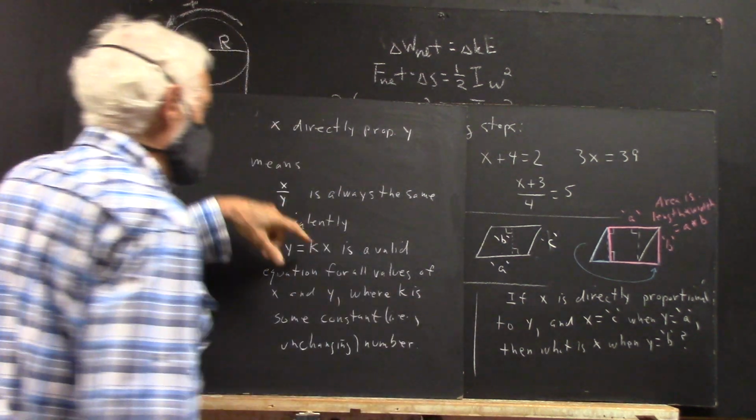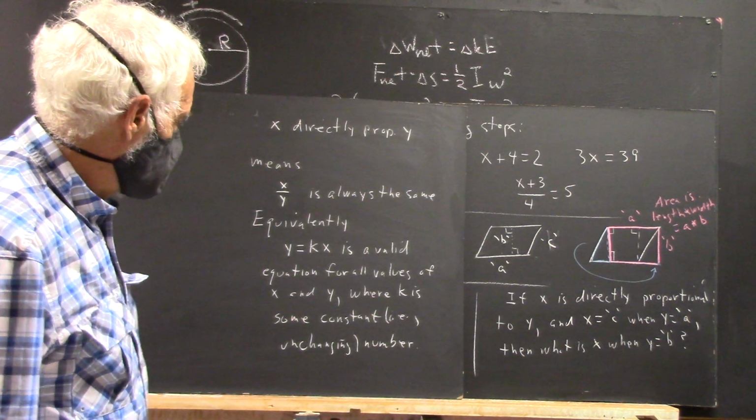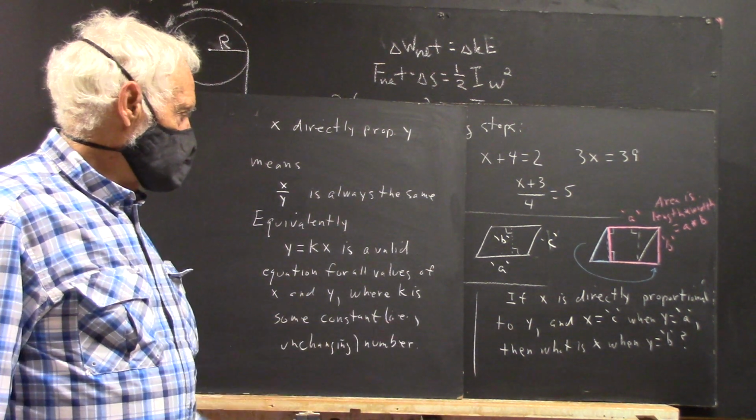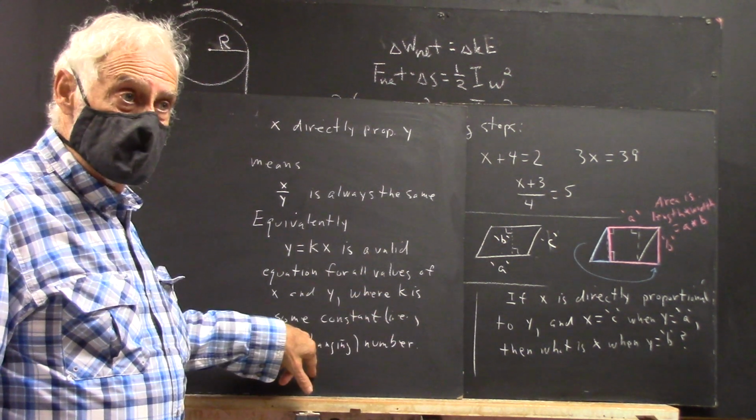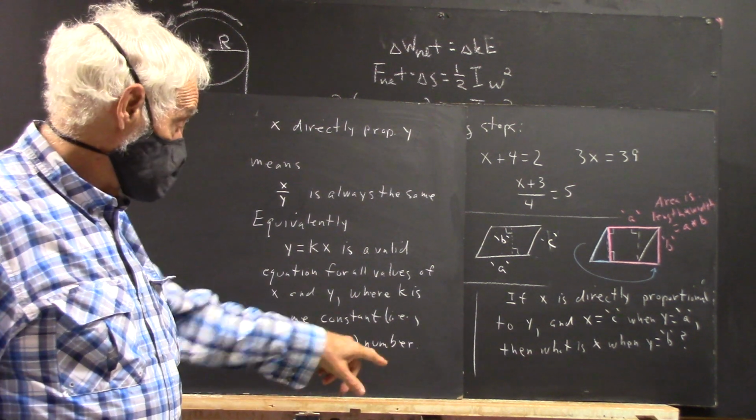Okay. Y equals kx is a valid equation for all values of x and y, where k is some constant, i.e. unchanging. A constant number is an unchanging number. Okay?